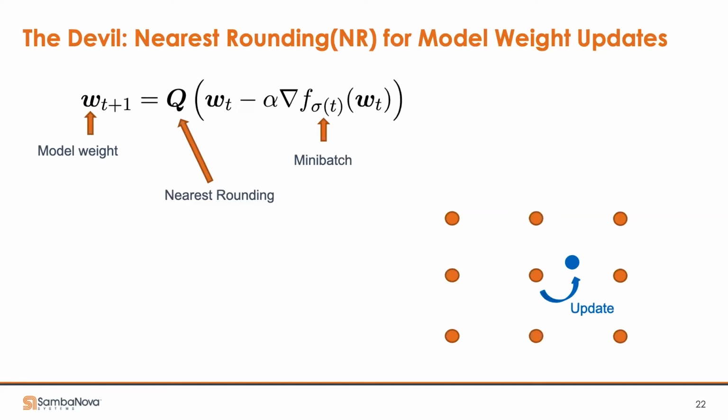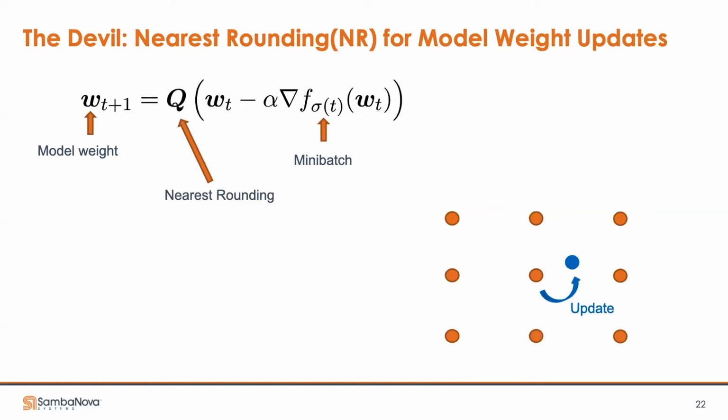Now, the problem with nearest neighbor rounding is the fact that you might lose smaller weight updates. To understand what's happening, focus on this figure in the bottom right corner. Low precision implies that not all of the values that you want on a real axis are available for you to use. You are in fact quantizing a real axis into 2^16 different buckets for 16-bit precision values.